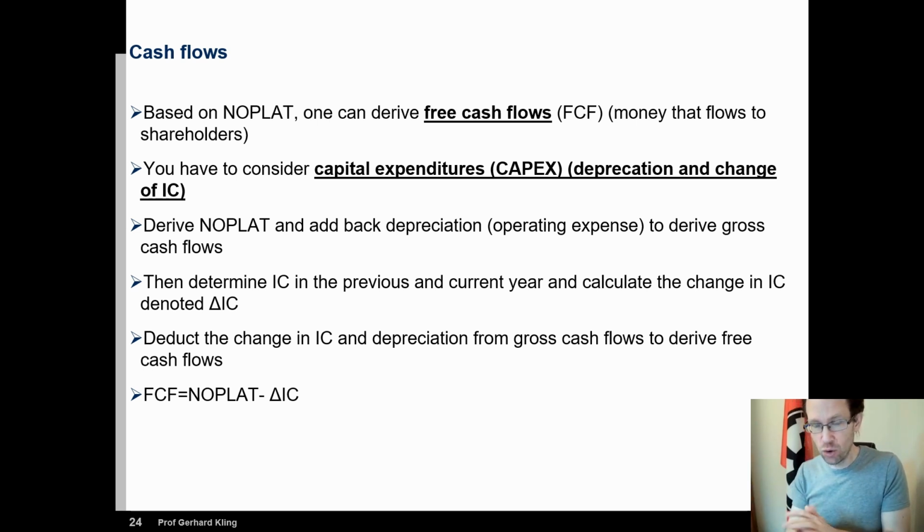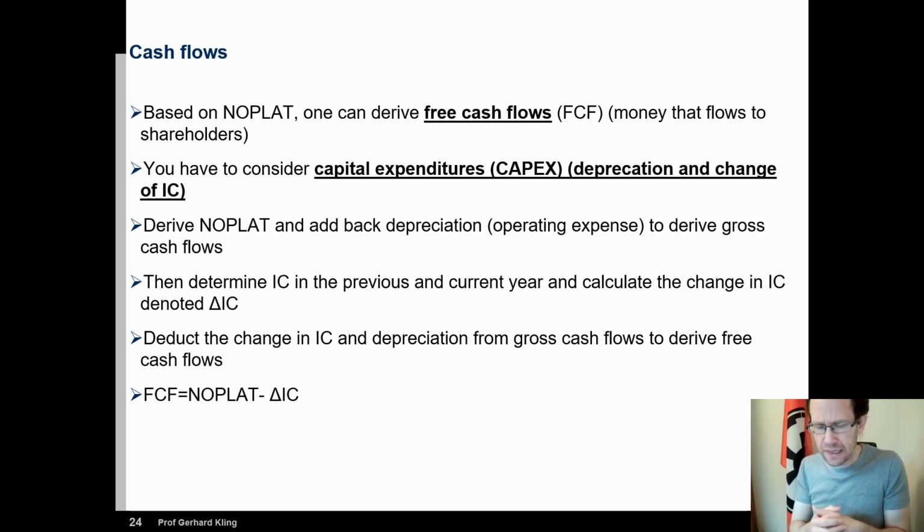So we don't look at the distribution of the cash flows. That doesn't create value. We look at what's the total pot of money we generate from our operations. Sometimes this is also called the pizza theory of corporate finance. So we look at the total size of a pie or pizza, whatever you want to eat, and we don't consider how you slice it up.